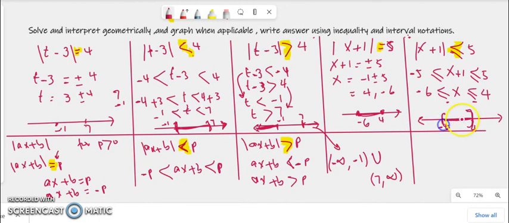All the numbers included, negative 6 and 4. There you have it. That's the way to interpret geometrically and graph and use both inequality and interval notations.